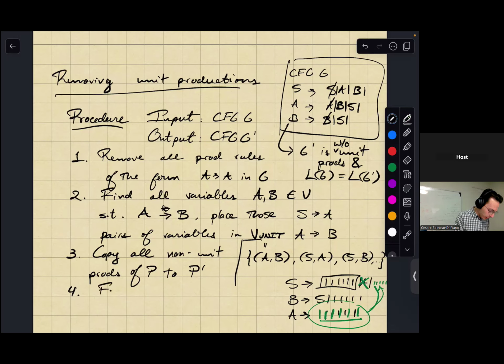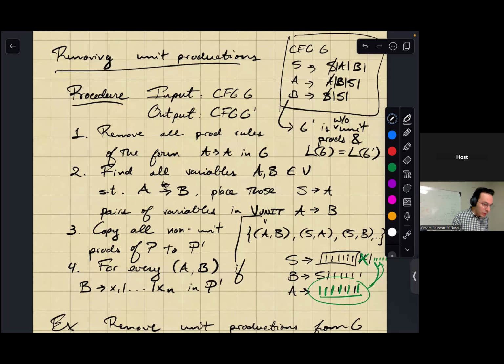So for every pair of variables in V unit, so A, B, right? If we have B gives you any number of production rules, x1 to xn in P prime, then add A gives you each of those directly, right, in P prime.